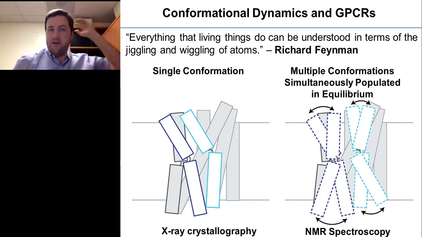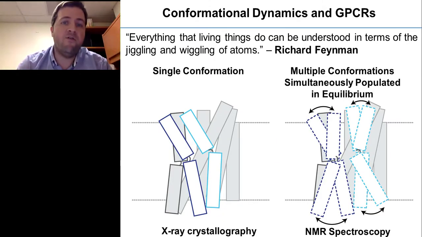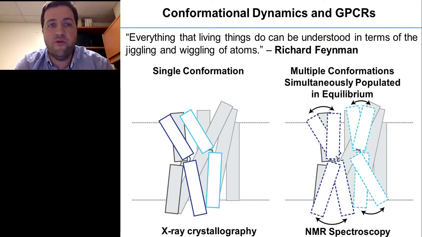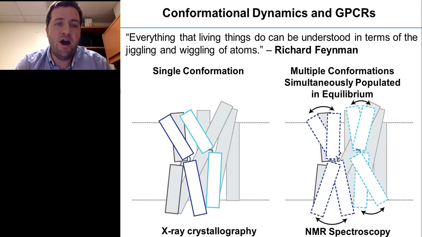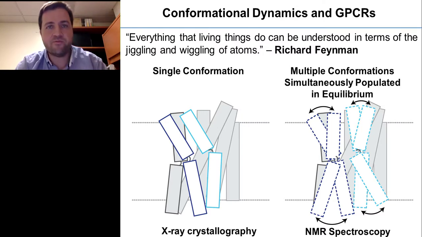So that motivated us to think about the role of conformational dynamics and its relationship to GPCR function. And to introduce this topic, I really like this quote from Richard Feynman, who says, "Everything that living things do can be understood in terms of the jiggling and wiggling of atoms."